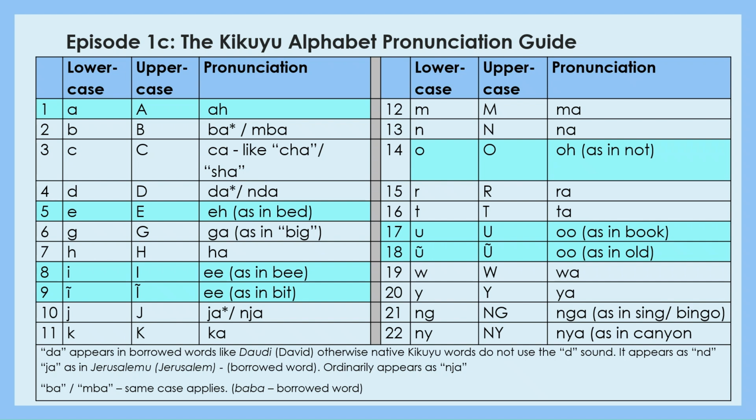Then the next letter is the letter ga, as in big. The ga in Kikuyu is always a hard g, like the g in big or go. It never softens to a ja sound, as it sometimes does in English words like giant, gentle, giraffe.